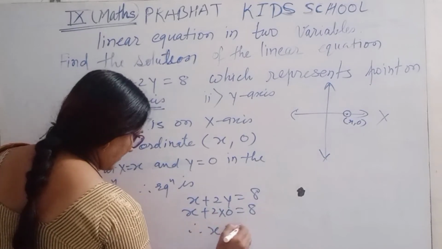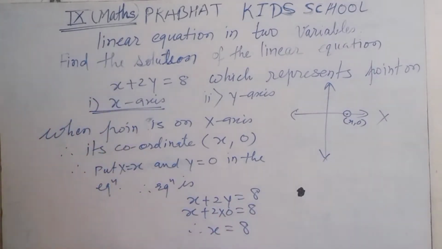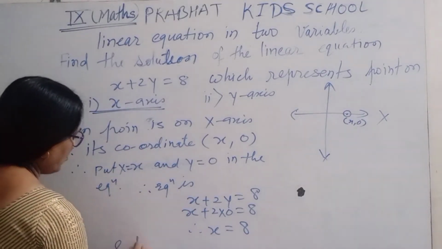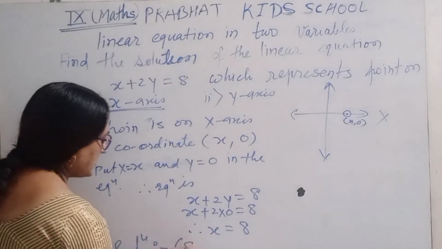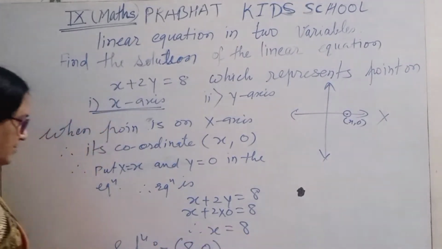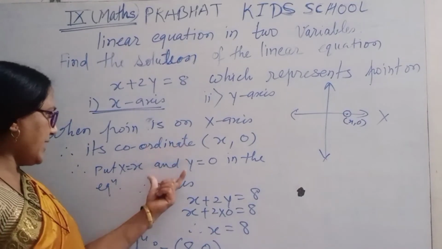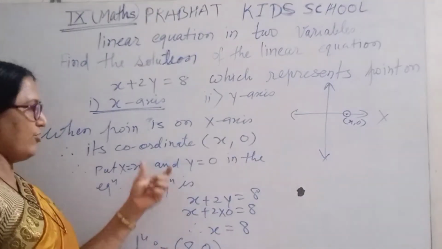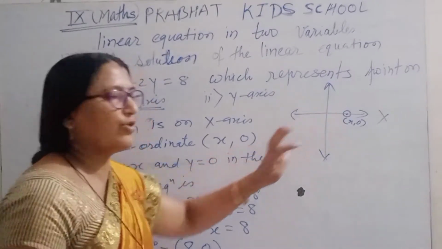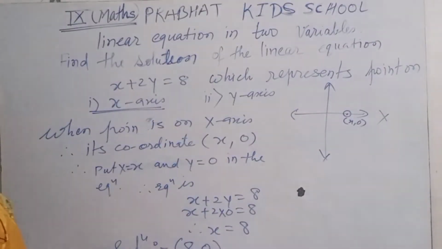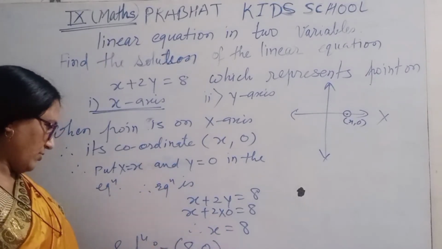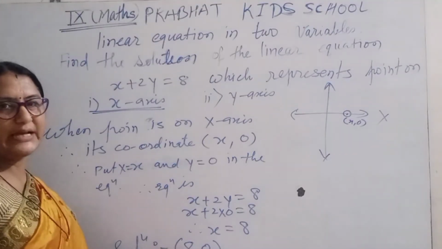Therefore x is equal to 8. What is the solution? Solution is 8, 0. Clear? Because on the x-axis, y coordinate is always 0. That is why by putting y equal to 0, we got the value of x is 8.